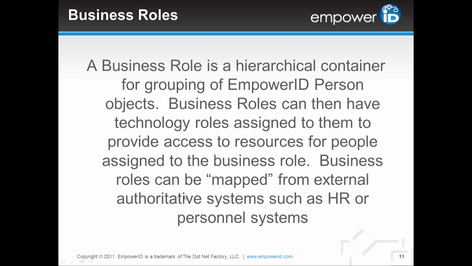Well, in EmpowerID, when we inventory that particular system and bring in those job titles, we can map those job titles to the corresponding business roles within EmpowerID to create an automated assignment of a person, based on the job title, to a particular business role within EmpowerID.